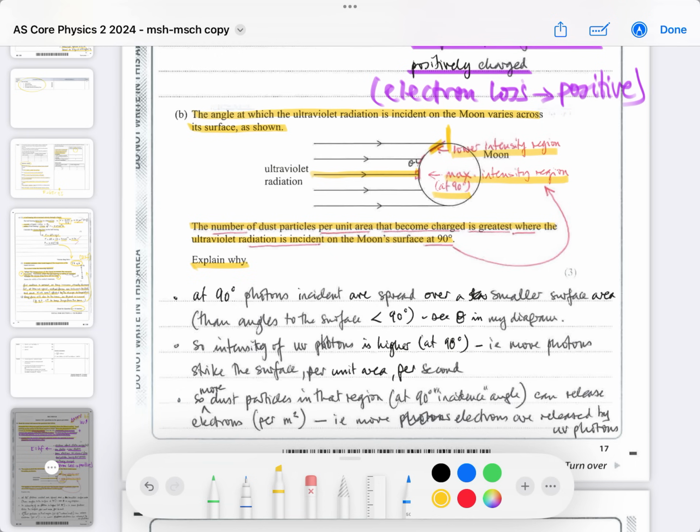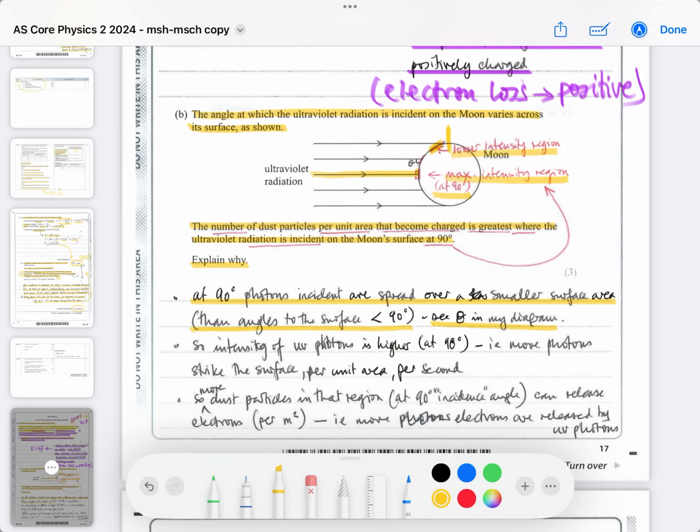You've got to explain what I just explained, because it says explain why. At 90 degrees, the incident photons are spread over the smallest possible surface area, smaller than at angles to the surface of less than 90, depending on how you measure the angle. See the theta in my diagram?